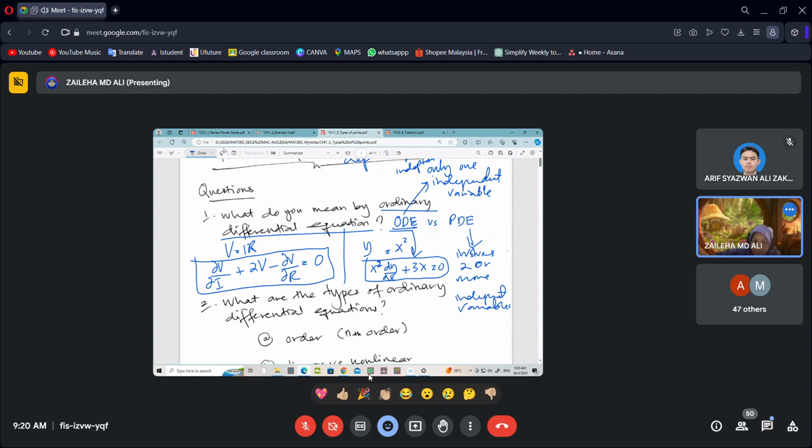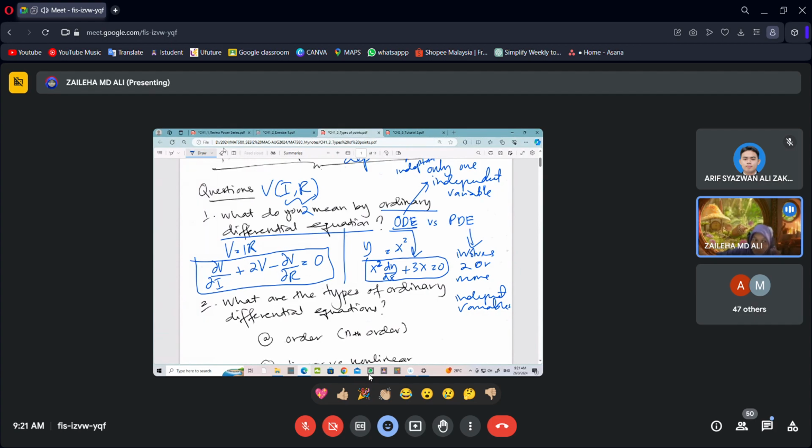Faham? Manakala whenever you have two, macam ni, voltage adalah dalam sebutan current and resistance, betul tak? Voltage adalah dependent variable. Kita ada berapa independent? 2. Satu adalah current, satu lagi resistance. Dan voltage ni dinamakan dependent.